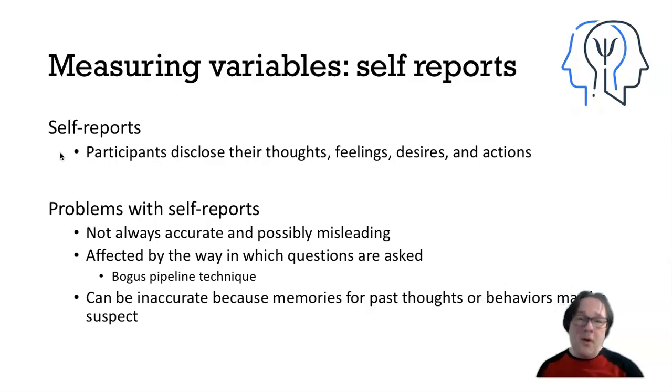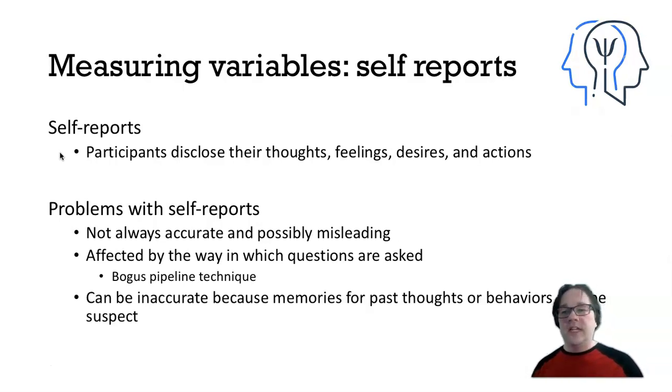And a part of that is that people can lie about their thoughts and their feelings and their behavior. And, some of the time they're lying because they're just assholes. They just want to mess with your data. But most of the time it's not. Humans tend to respond in what we call socially desirable ways.